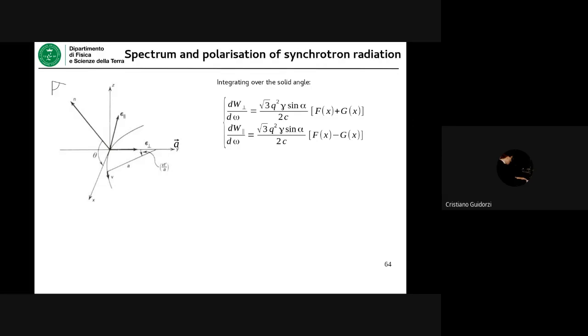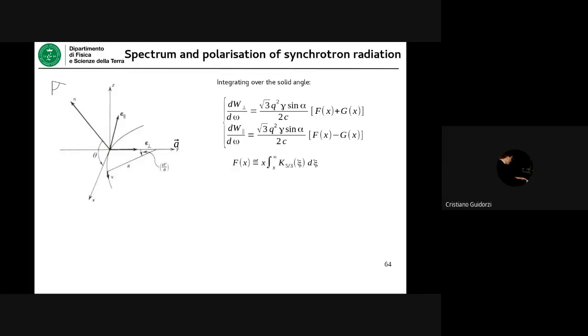You see, we keep separate again the intensity, or energy per unit frequency, the specific intensity, for the two polarization modes. And you can express them using these two different functions, one of which was already introduced by me when I described the spectrum of synchrotron radiation.